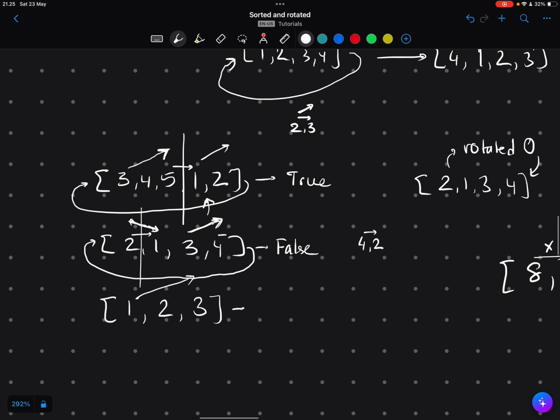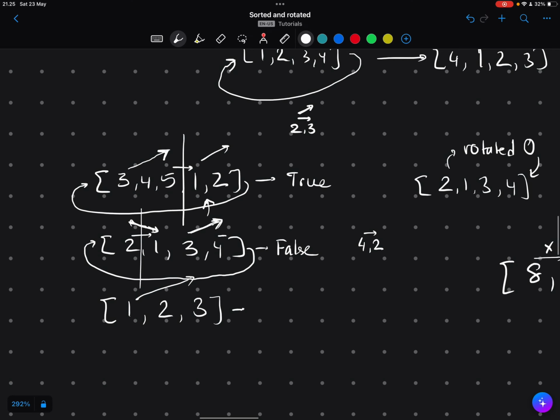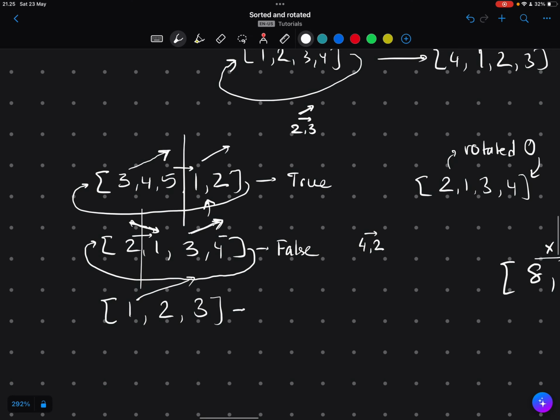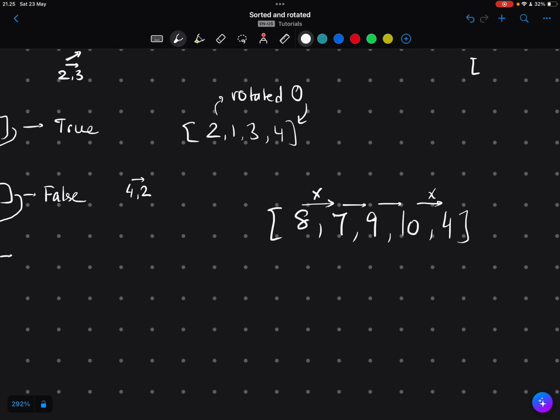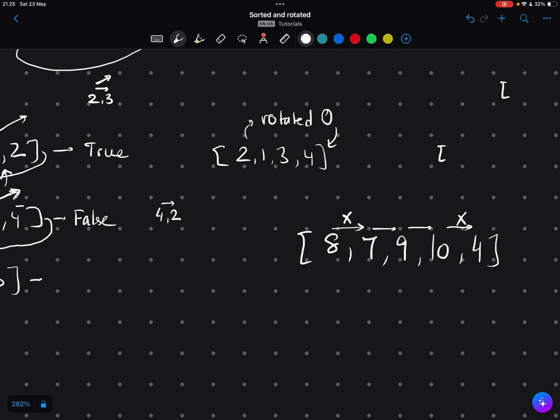We are happy with that. And so if an array is actually sorted and it was rotated, then we would say that it would have been originally sorted if the number of drops, the number of these x's over here, was limited to 1.